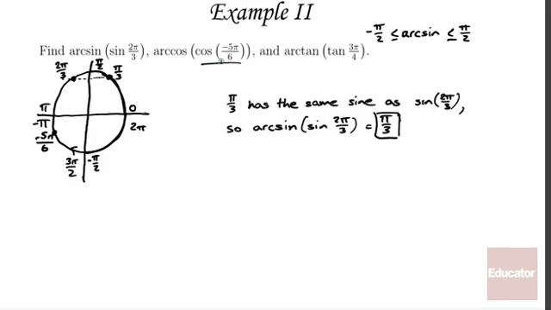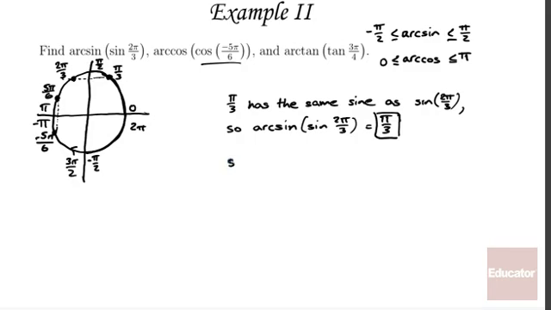Cosine is the x value, so we want an angle that has the same x value as the one we just found. And there it is right there, 5 pi over 6. And that's between 0 and pi, which is the range for the arc cosine function. It's always between 0 and pi.